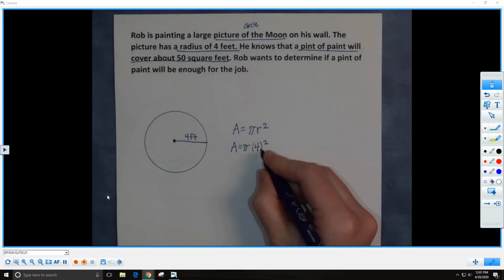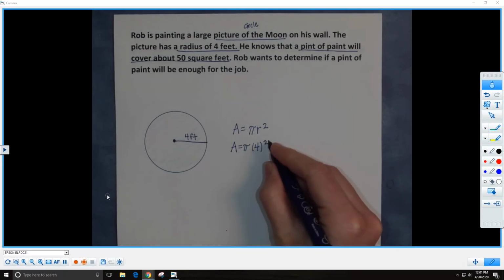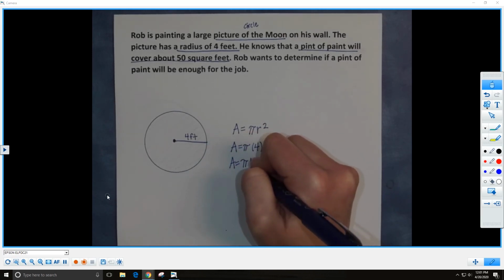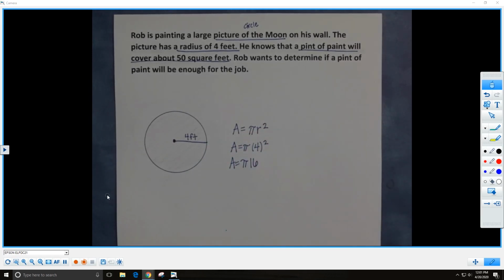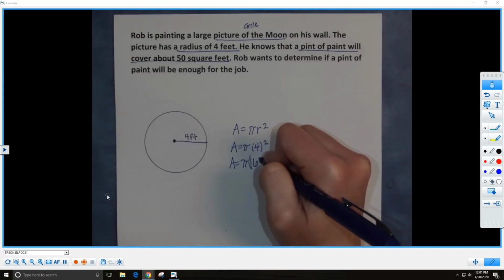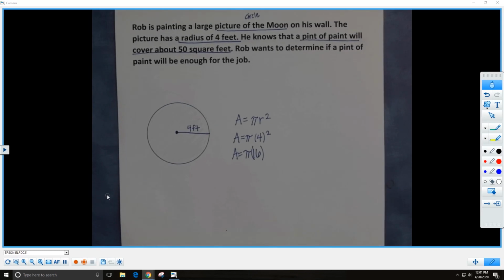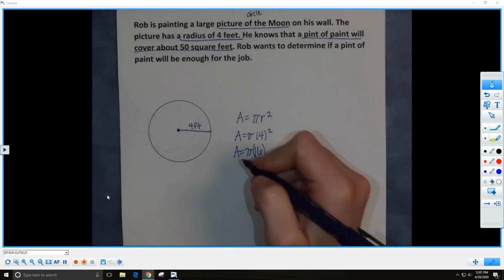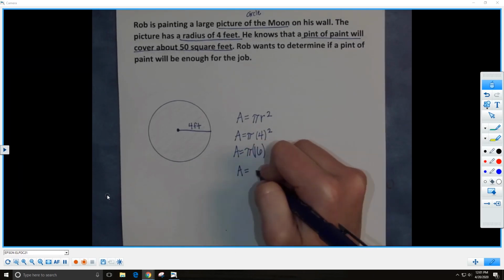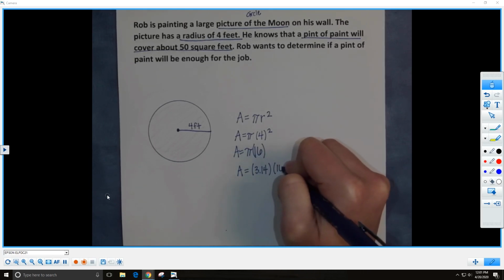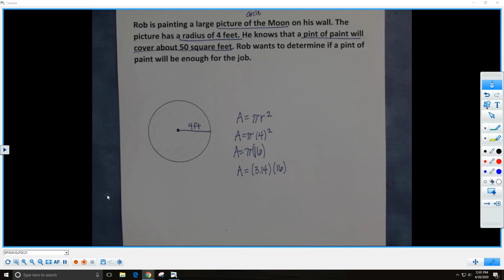Before we go any further, remember that 4 squared is 4 times 4, which is 16. So simplifying a little bit, we've got area equals pi times 16. Put that in parentheses there. Well, let's use 3.14 as an approximation for pi. So pi is approximately 3.14. And we've got times 16.